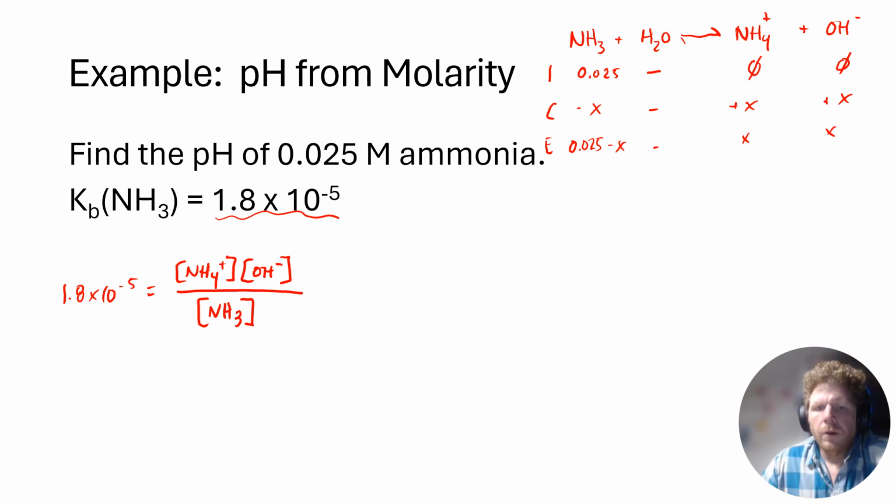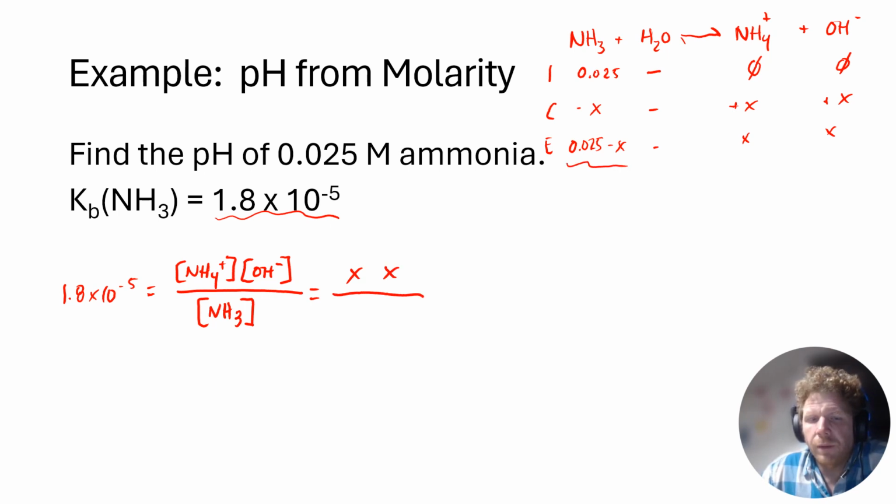Now I'm going to substitute my values, X and X, divided by 0.025 minus X, but I don't have to worry about that minus X because it's negligible due to the times 10 to the negative fifth. So I'm going to write 0.025.